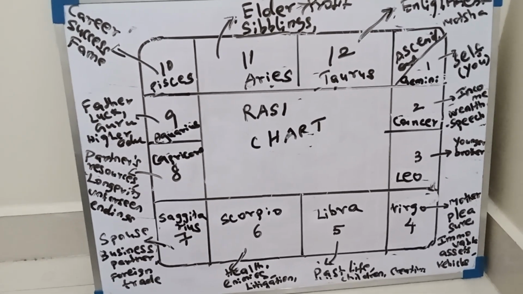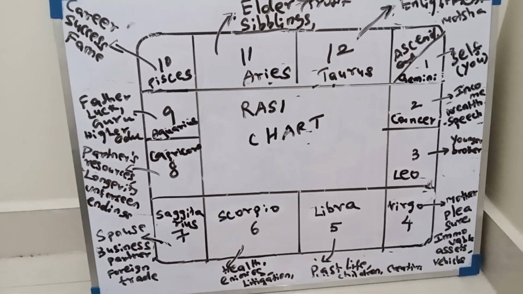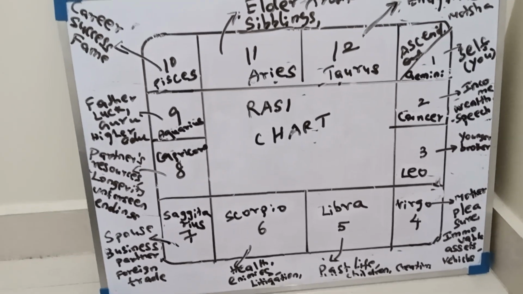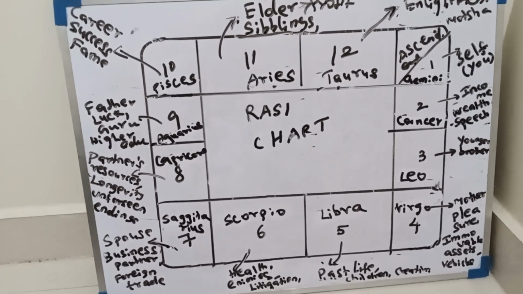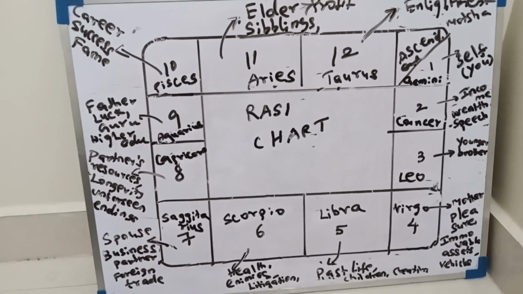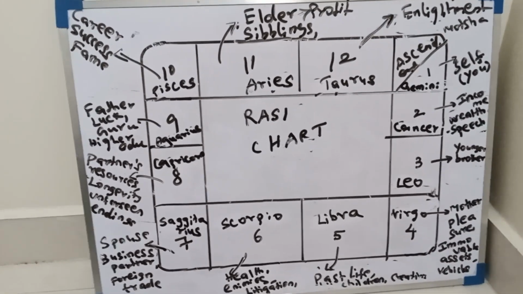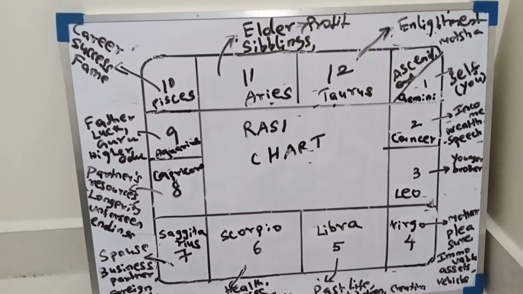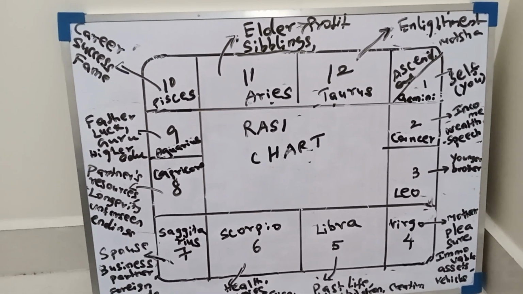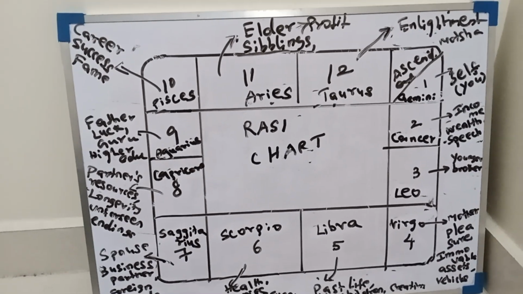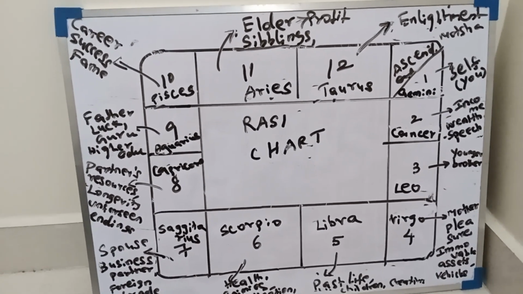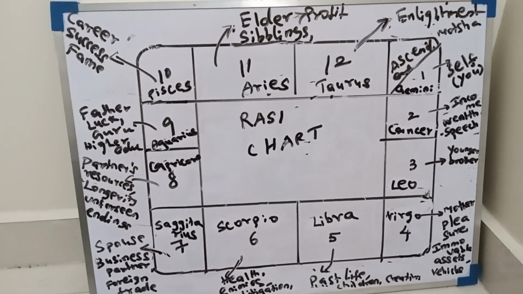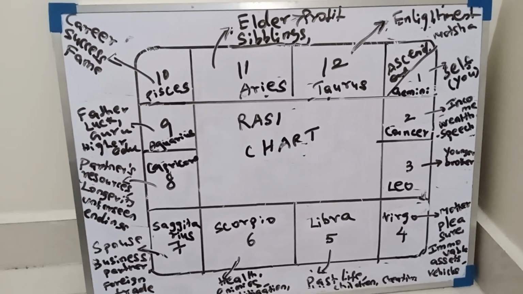The ninth house here, Aquarius, denotes the father, luck, guru, higher education. The tenth house denotes career, success, fame, how you're bestowed with through astrology. 11 is your Aries sign here, that denotes your elder siblings, profit, and the 12th house denotes enlightenment, basically moksha, imprisonment, foreign, wandering in a foreign land.